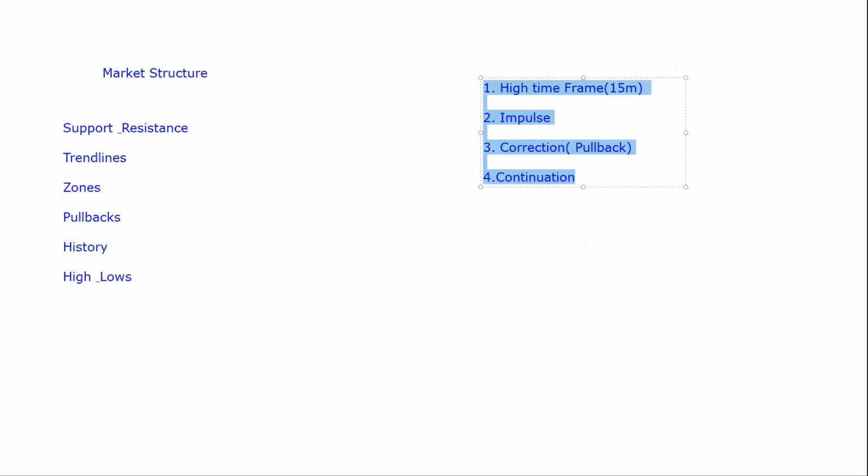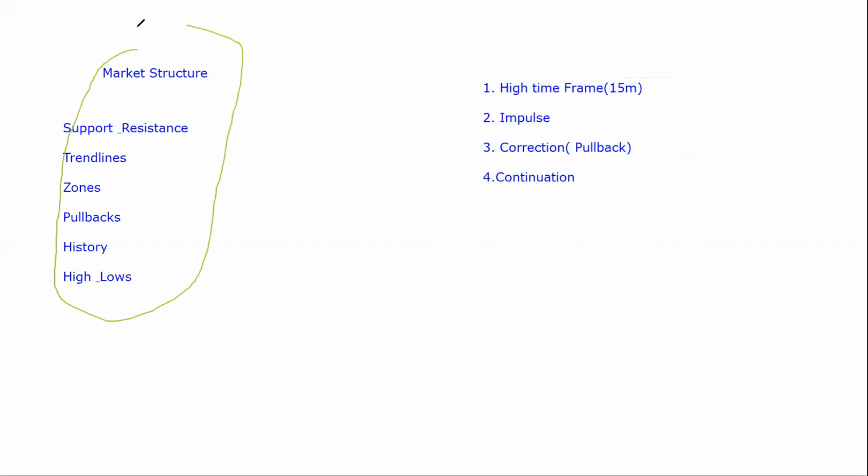Everything else on this left side, everything else over here, are confirmations. But these are the essentials that you need in order to be successful in every trade that you take and every time you go to mark up a chart.